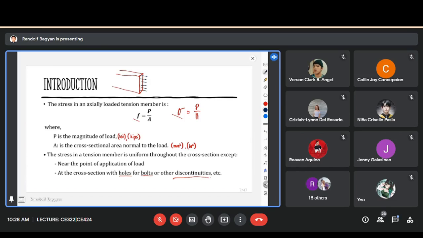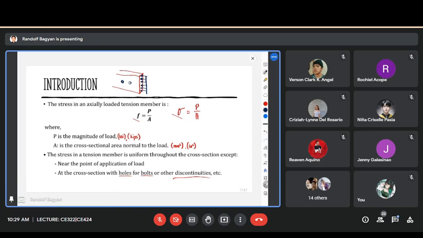Okay, but not dito sa bandang malapit sa ating application ng load, if it is applied here. Usually naman sa ends yan, kasi we are considering a full structure and we are just to analyze members. Dun sa end-to-end yung application ng ating load, right? And doon sa mga may connections, if kung magbubutas tayo dito for bolts or tornilyo, there will be changes in the distribution of stress here.